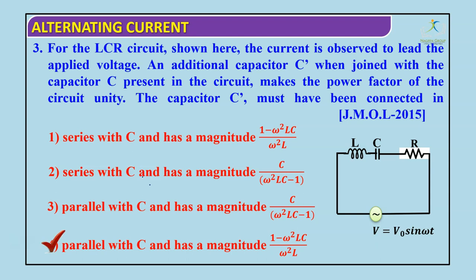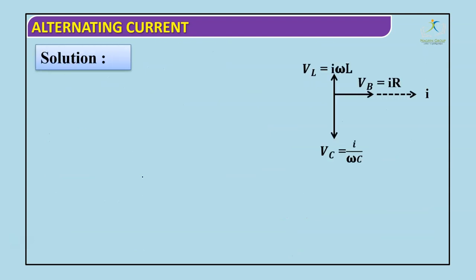Students, the correct answer for this question is option 4. Now I'm going to explain how this comes about. If I take the diagram in this section, VR is in phase with the current, VL leads by a phase difference of pi by 2, and VC lags by pi by 2.